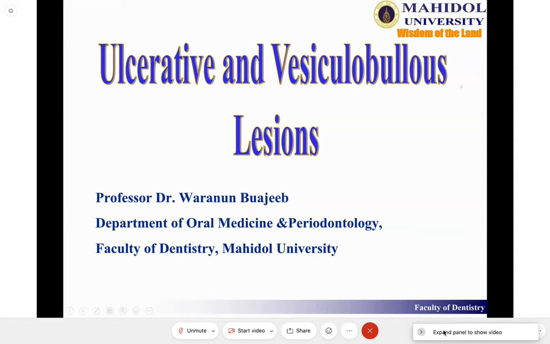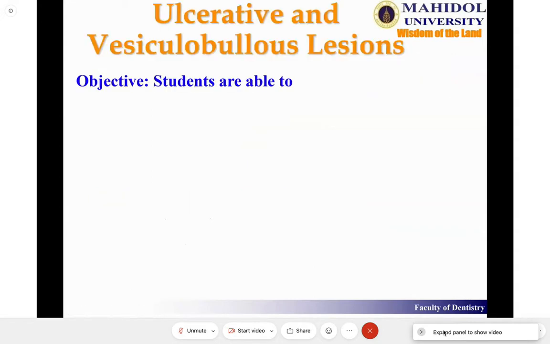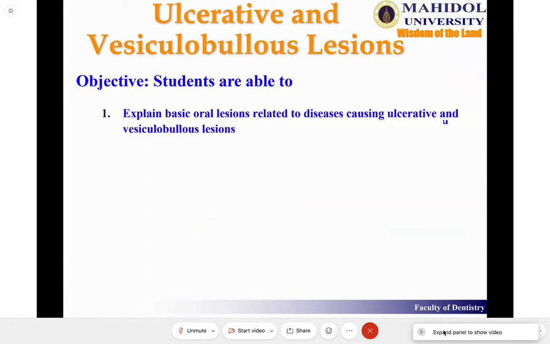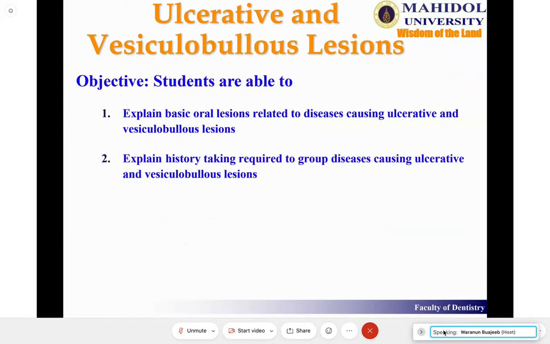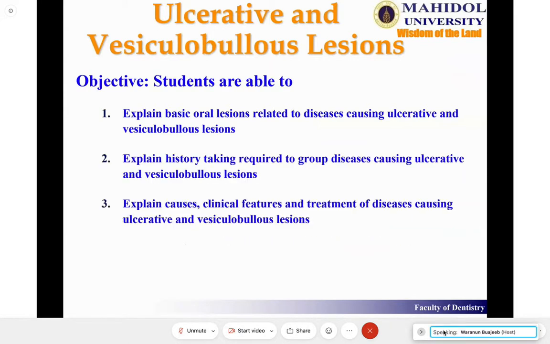After this lecture, which will be about three hours, all the students should be able to explain about the lesions, including ulcers, vesicles, and bullae.